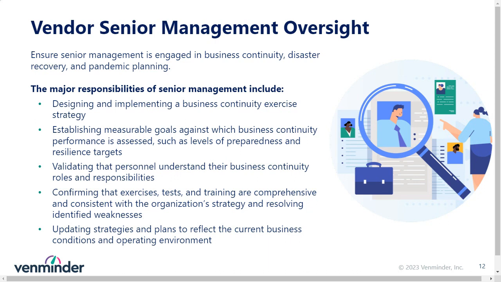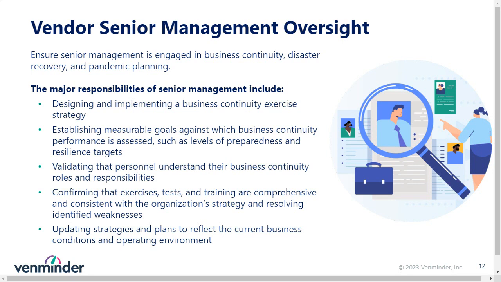We're going to have to demonstrate from a vendor perspective that we can provide those agreed services. We're going to have to demonstrate to auditors, examiners, and regulators that we've done our homework. Some of senior management's major responsibilities include creating and implementing a business continuity exercise strategy, establishing measurable goals, validating that employees understand their business continuity roles and responsibilities, verifying testing and updating strategies and plans to reflect current business conditions and the operating environment.